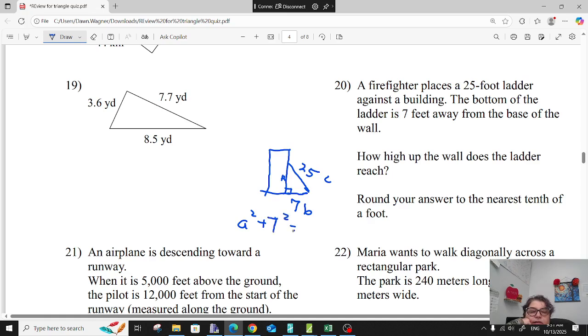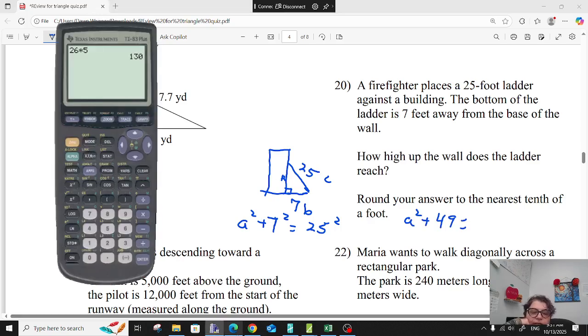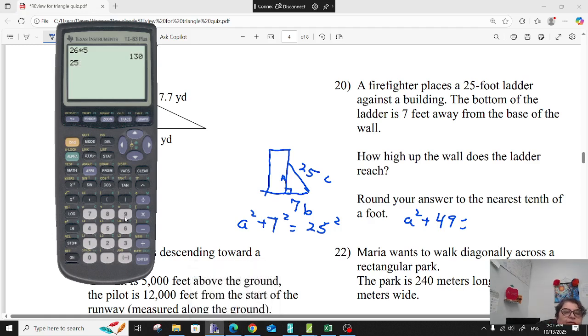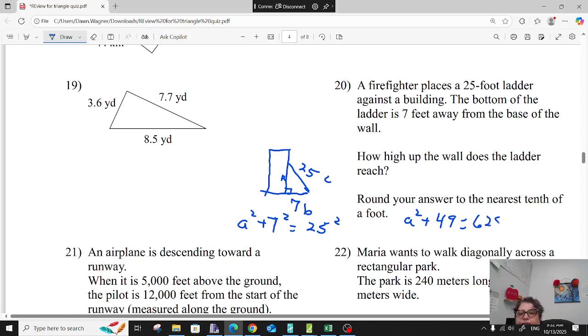A squared plus 7 squared is equal to 25 squared. So A squared plus 49 is equal to, what's 25 times 25? Yeah, 625. I subtract 49 from both sides. 576.